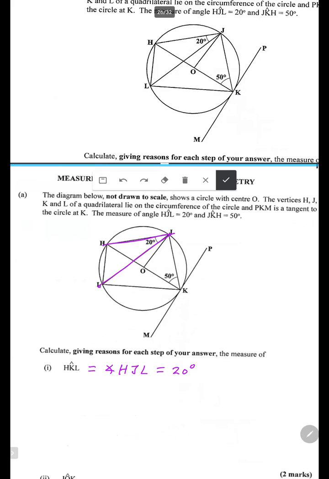And the reason is the same segment rule: angles in the same segment subtended by the same chord.